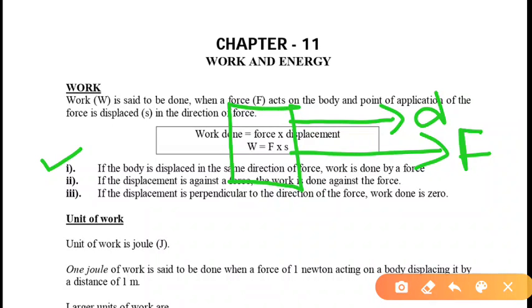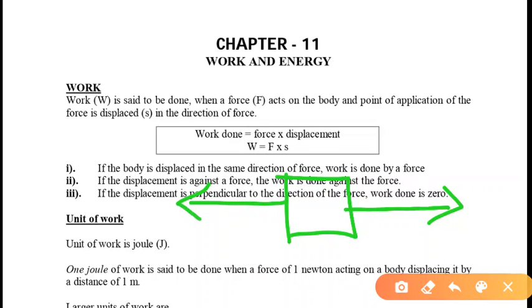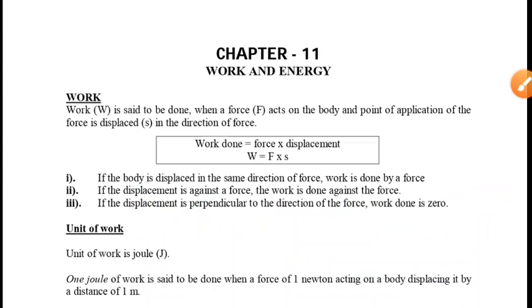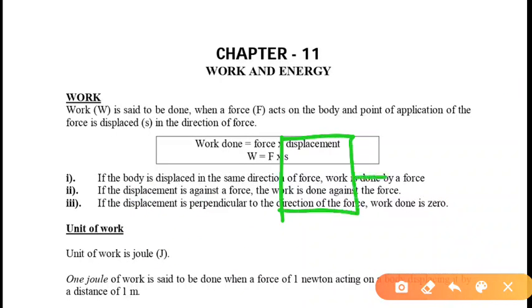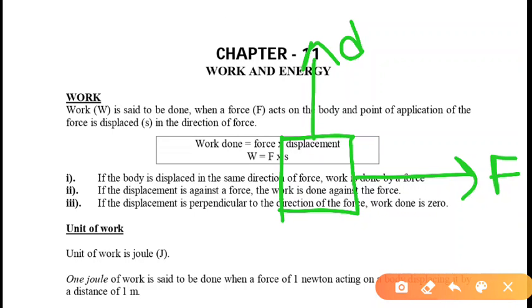If you are applying force in this direction and the body is moving in the opposite direction, we say the work is negative. The third type is zero work. If force and displacement are perpendicular to each other, force is this and displacement is this, we say it is zero work. That means 90 degrees to each other.